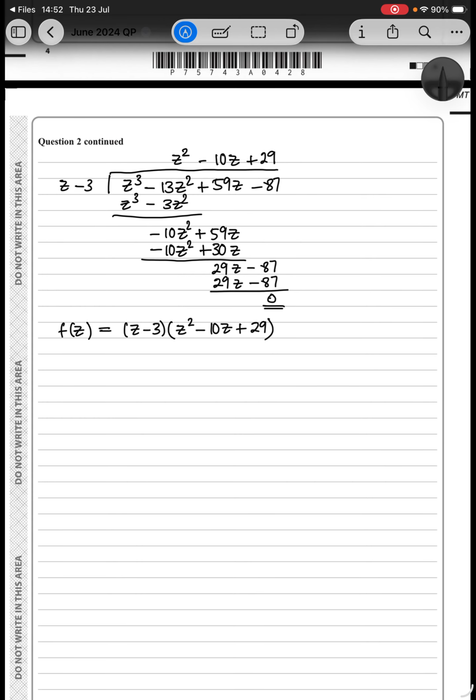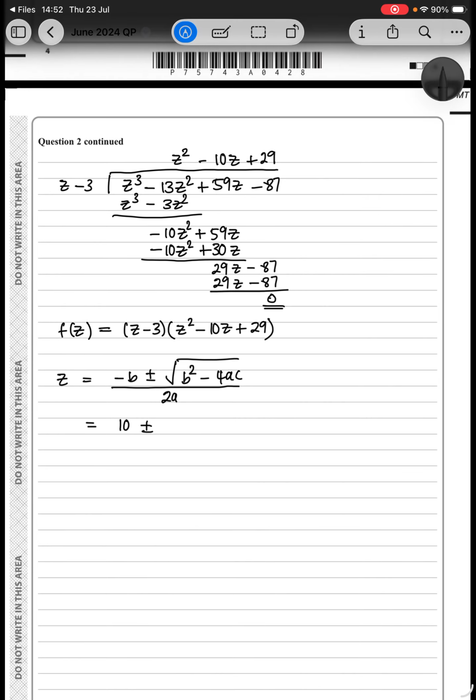So let's apply it. z equals minus b plus or minus the square root of b squared minus 4ac, the whole thing divided by 2a. If I substitute the minus 10 into b, the minuses cancel off and I get a plus 10.